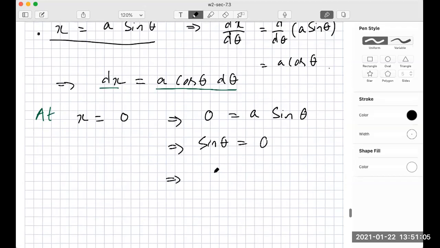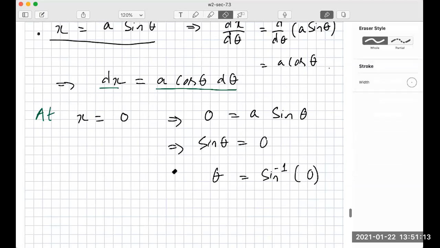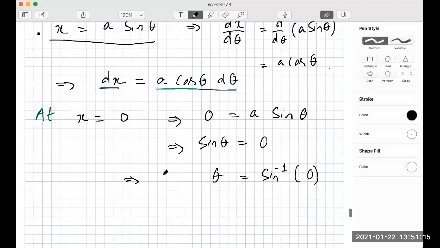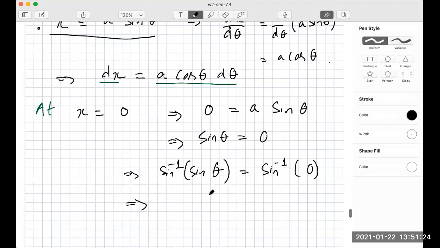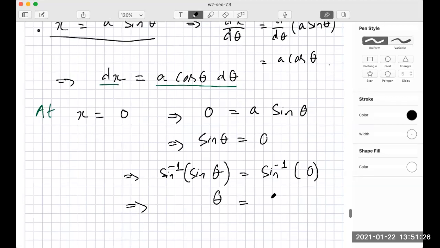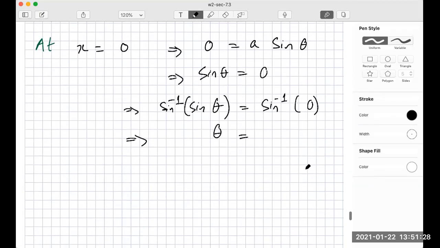In order to find theta, we take sine inverse both sides. The left-hand side gives us theta, right? What is sine inverse of 0?